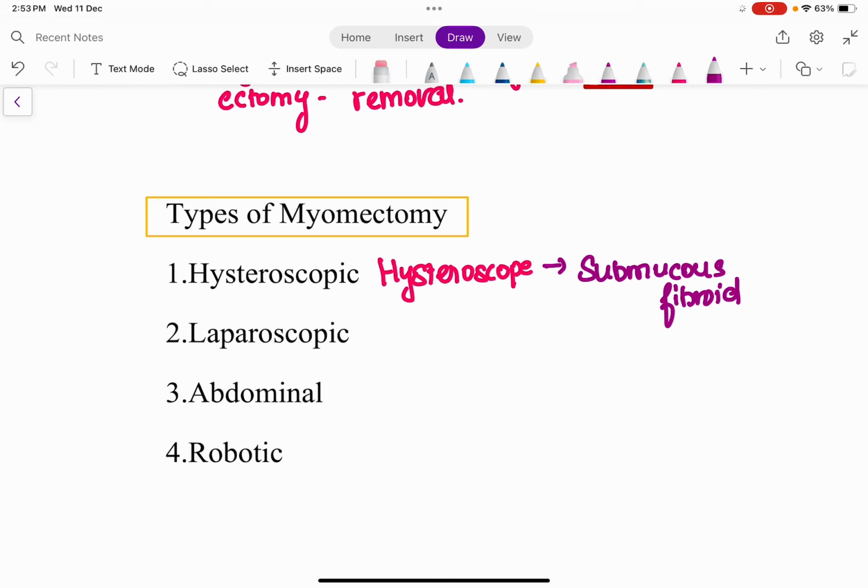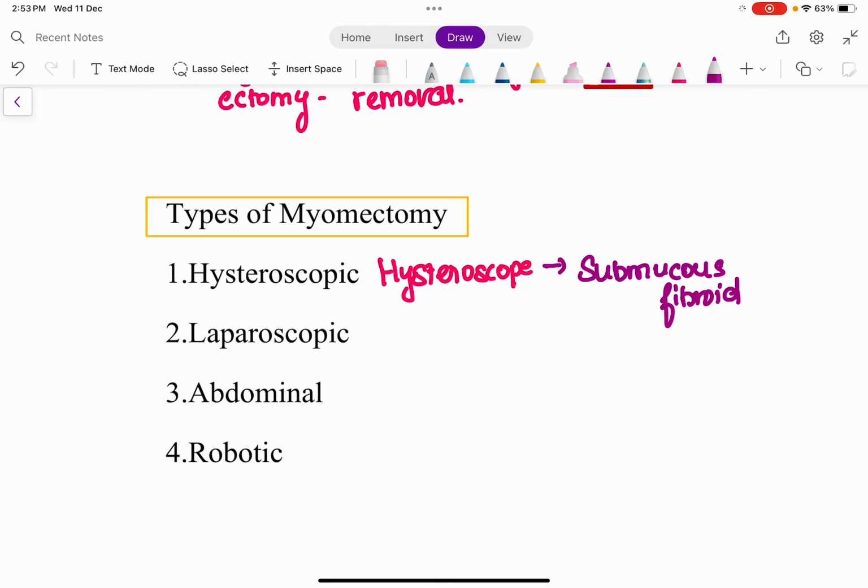So what are those fibroids which are situated in the uterine cavity? Those are the submucous fibroids. We have 3 types of submucous fibroid according to FIGO: type 0, 1 and 2.